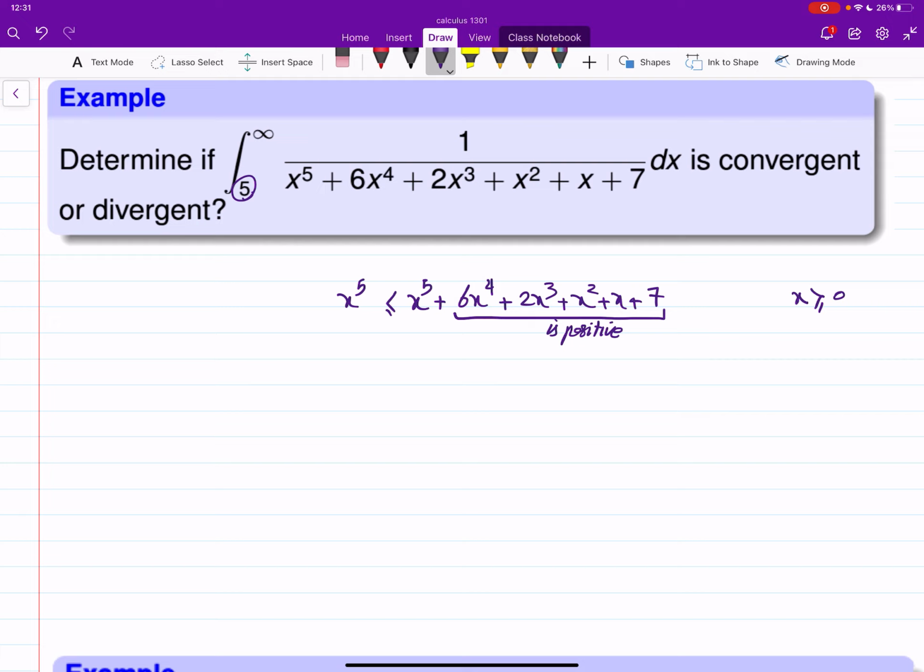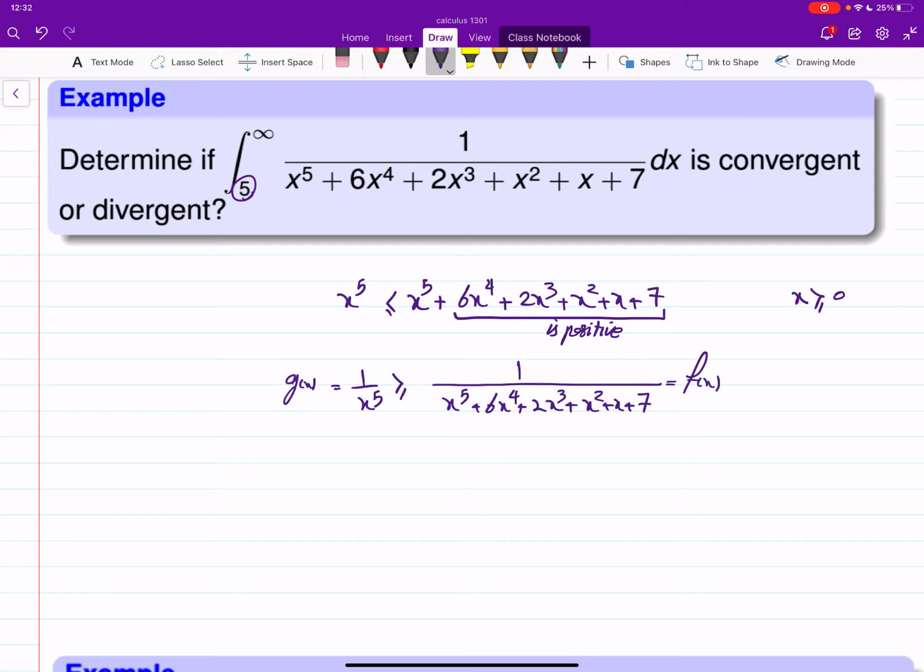Okay, now if we invert both sides, first of all, the inequality will turn around, and now our given function is there. And it is a function less than another function.